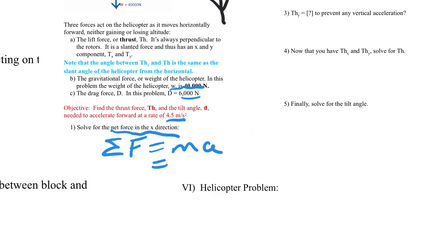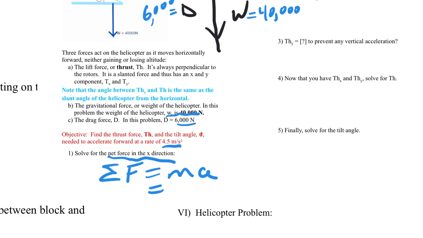The mass is, well, don't use the weight for the mass. The mass would be 40,000 divided by 10, right? W equals mg, so the mass is equal to the weight divided by g, or the weight divided by 10.